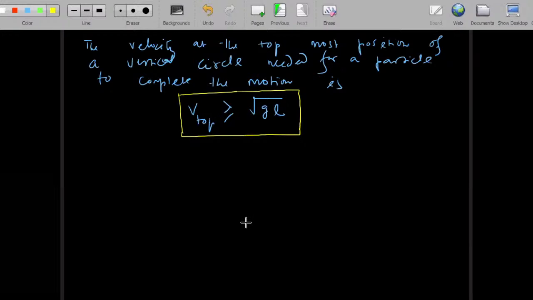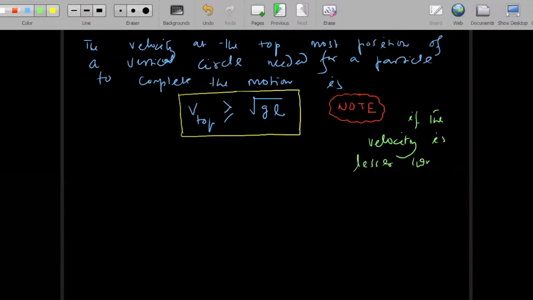Fine. Now listen, note this point. Although I am just describing the analytical part, the mathematical part we will do later.